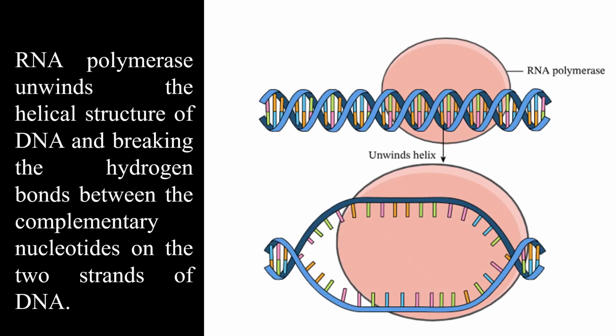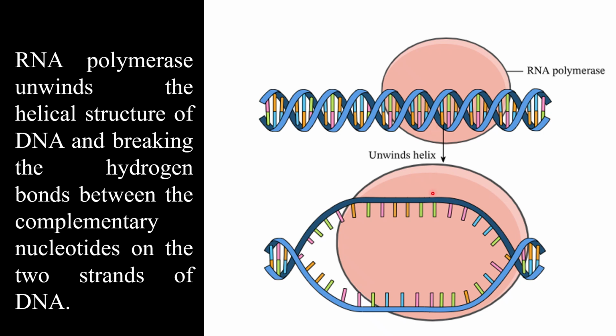It finds the promoter region. The RNA polymerase starts unwinding, breaking the hydrogen bonds inside the helical structure of the DNA, and these two strands are separated from each other. As you can see here, this is the RNA polymerase. This is the double helical structure of DNA.